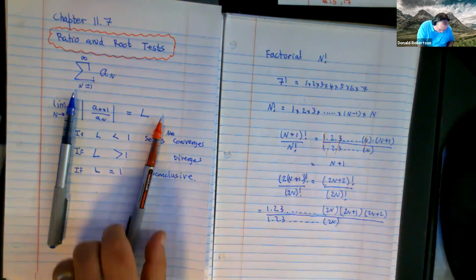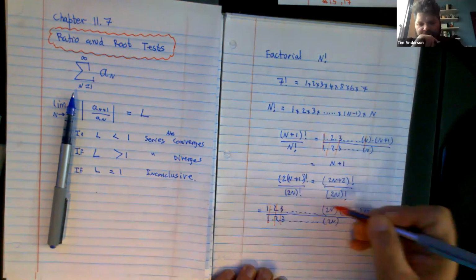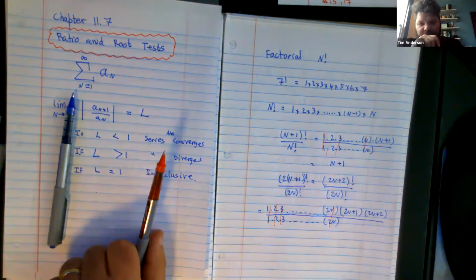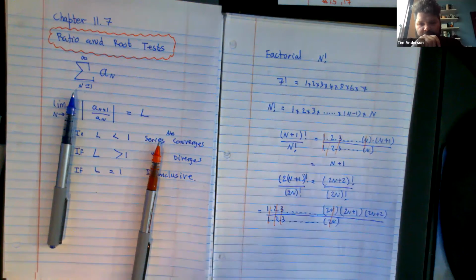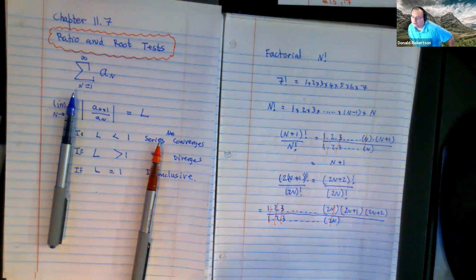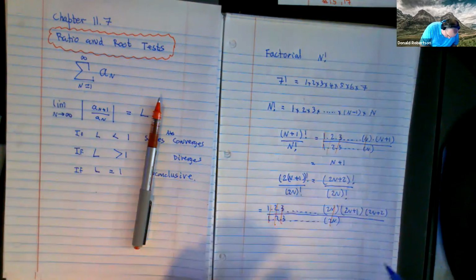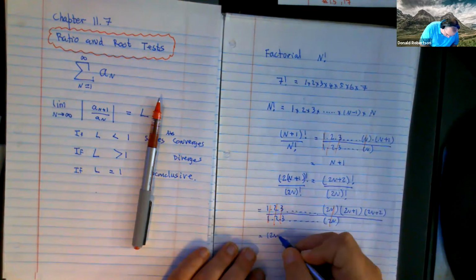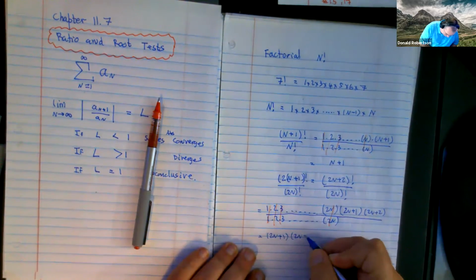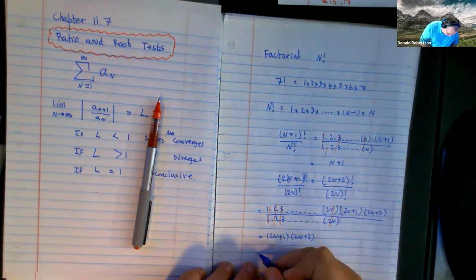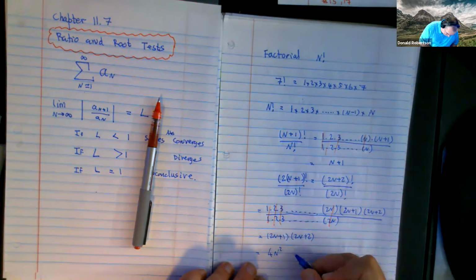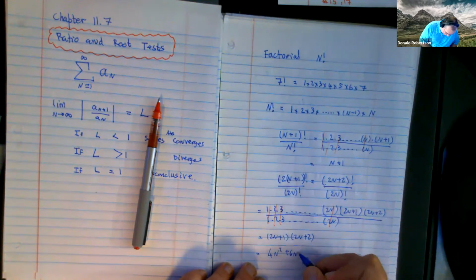Because when we do the cancelling, shouldn't those terms on the top have an addition symbol between them? No, multiplication symbol. This is factorial we're dealing with here, Tim. Things like 1 times 2 times 3. It's not a series we're dealing with, it's just factorials. Now in this world, 2n plus 1, 2n plus 2 came in, which would eventually be 4n squared plus 6n plus 2.